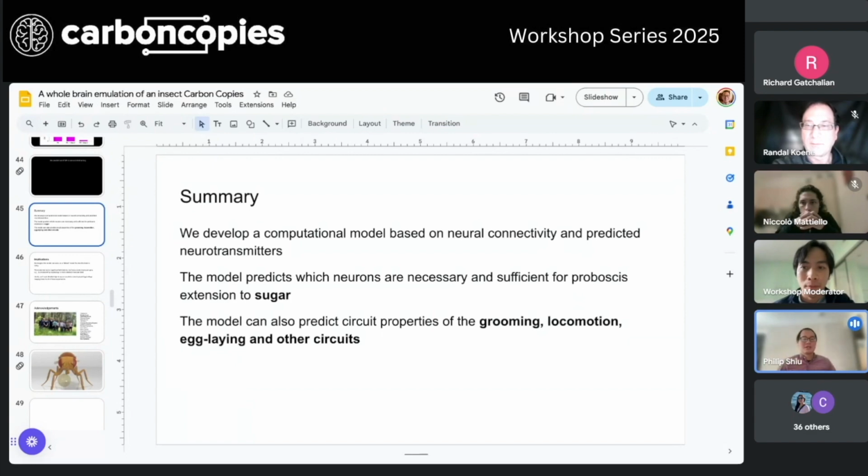Yeah, so I guess I think this is potentially a more philosophical question than one that I can address. That being said, what you could imagine doing is asking whether the connectome that you're simulating corresponds to the personality of the biological fly.